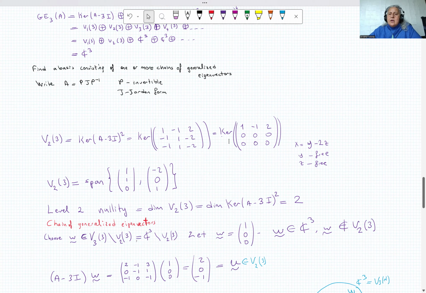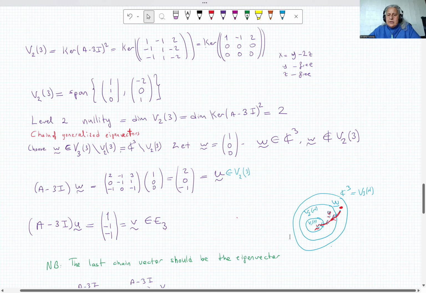So for the chain of generalized vectors, we would like to find a vector in C3, which is the highest degree of the generalized eigenvectors, but not in V2. So I pictured that here. We want W to be here, but not in V2. So then we apply the operation.